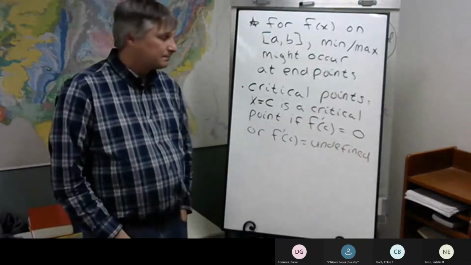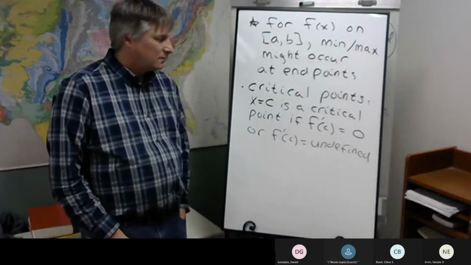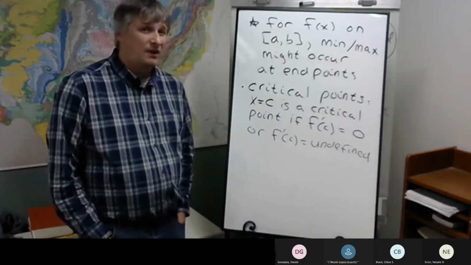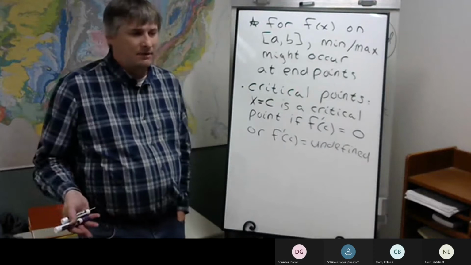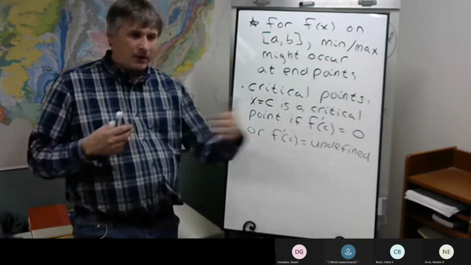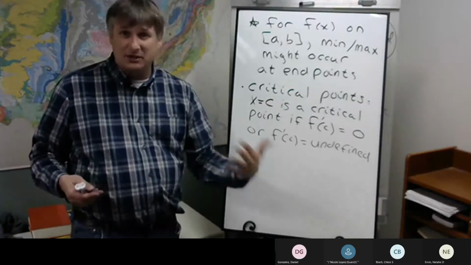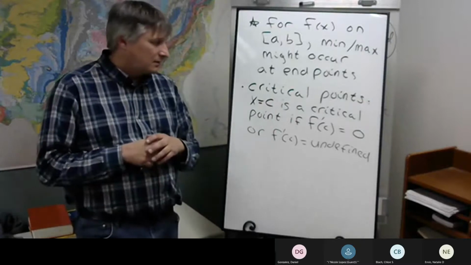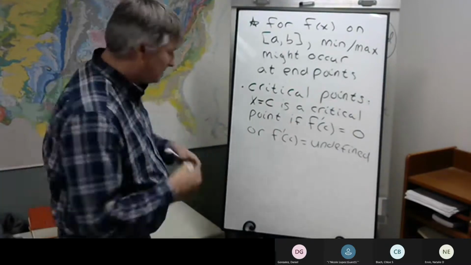Those are critical points. So how is this going to help us find out if f has a minimum or a maximum somewhere between the endpoints, at the interior points? Well, let's take a look at something.